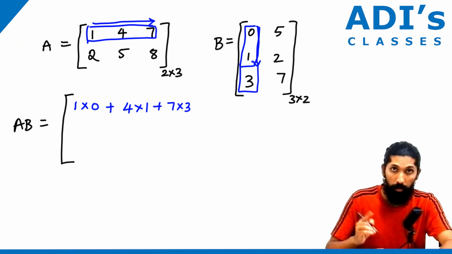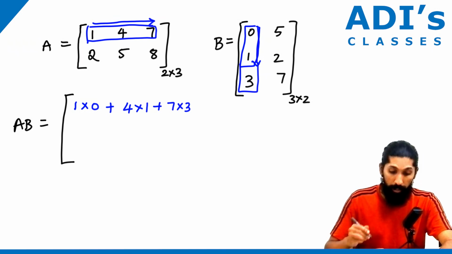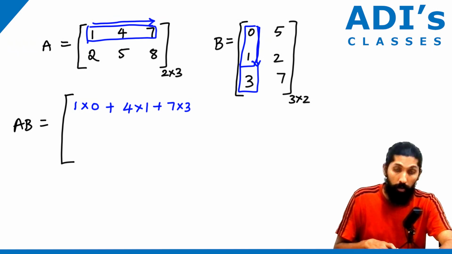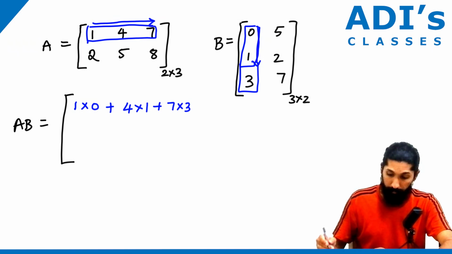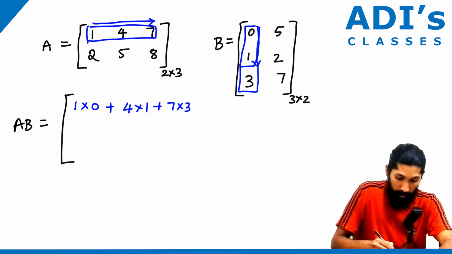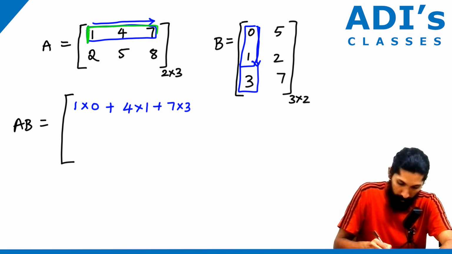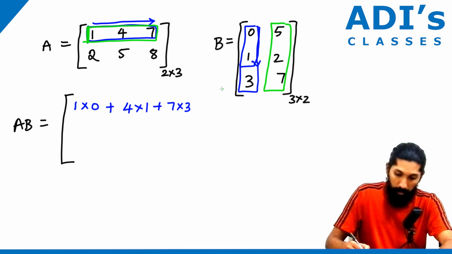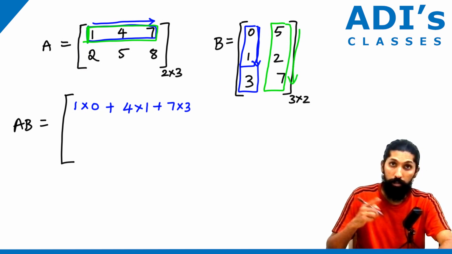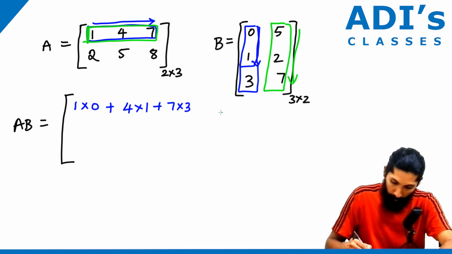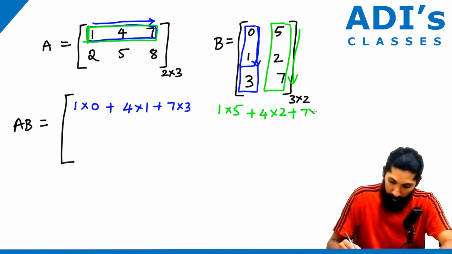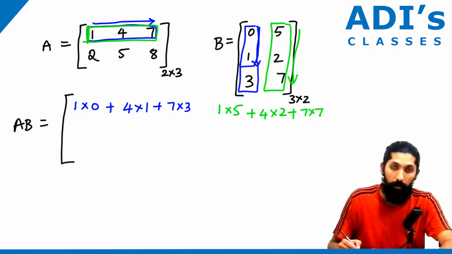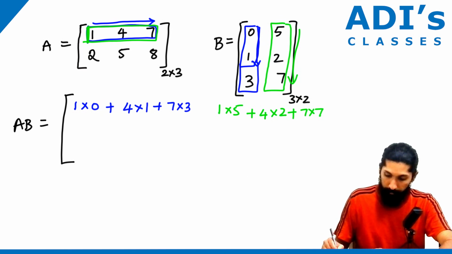First row, first column. Next is first row, second column, correct? So we'll take it in another color. This is the first row, this is the second column. Again, you go down here. First row, second column. So you will have 1 into 5 plus 4 into 2 plus 7 into 7. This is the next one.